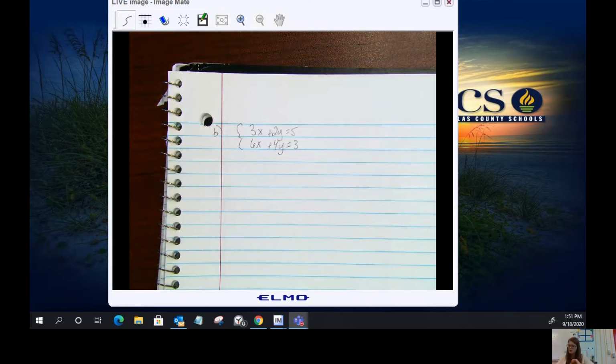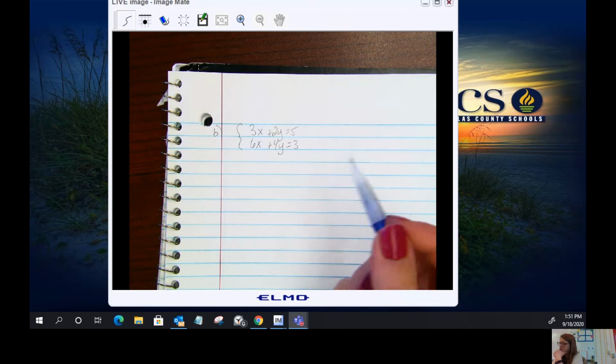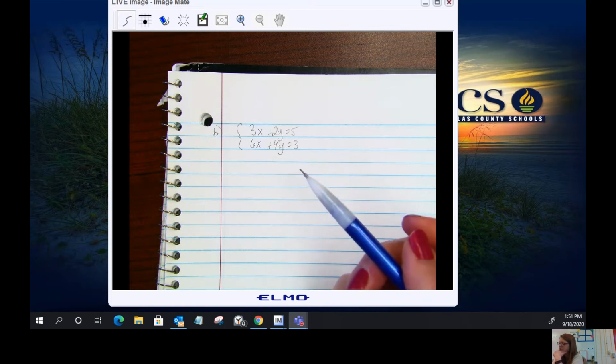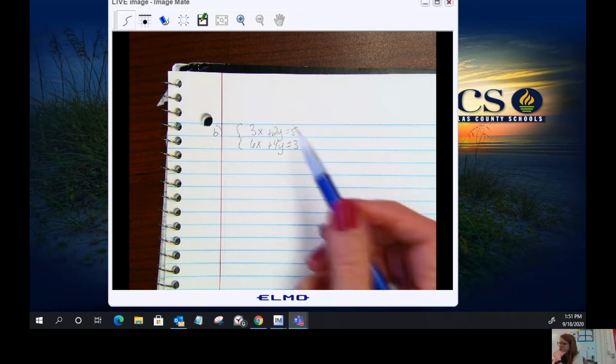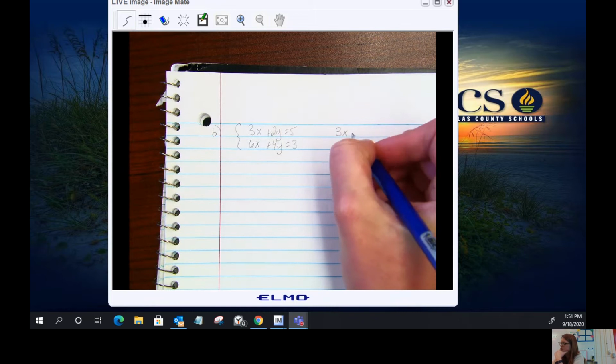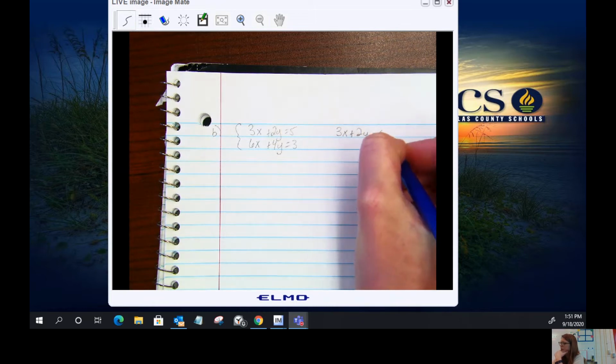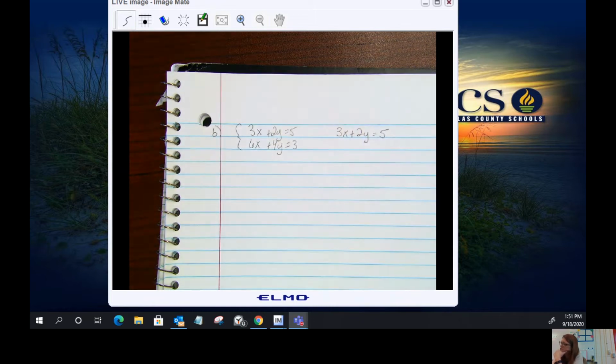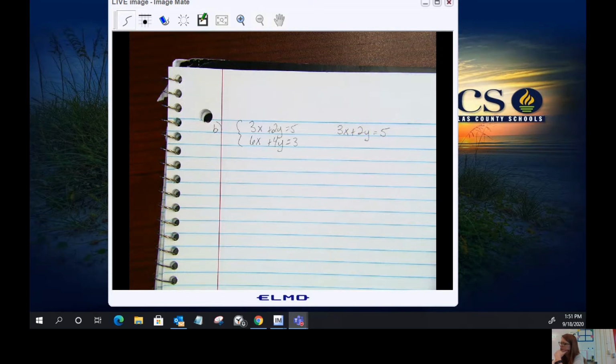We're going to be dealing with some fractions here. Let's see. I don't think it really matters. I don't really see anything that would be easier per se. Let's just run with it. Let's grab 3x plus 2y equals 5. What the hey, let's solve for x.